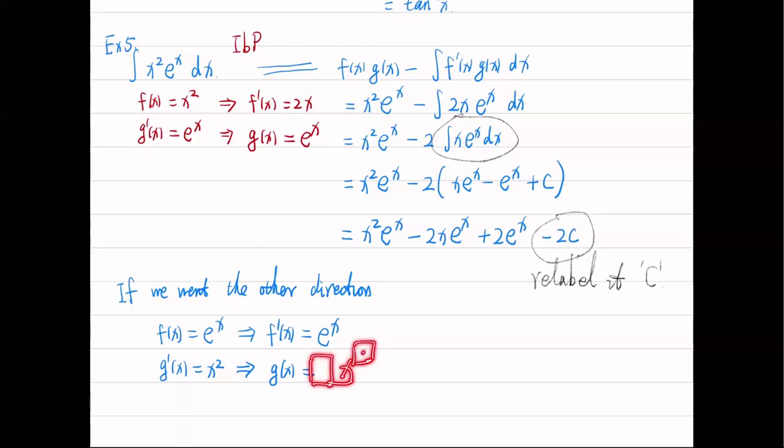What's the power? If we take a derivative, the power will reduce by 1. So something minus 1 gets 2: x cubed. And what's the coefficient? If we take this derivative, we get 3x squared. We want x squared, so it's 1/3.